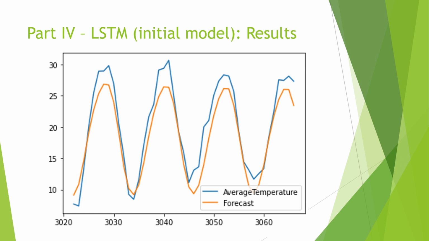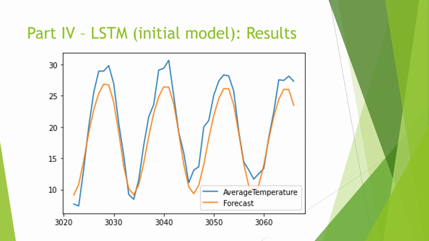The image on this slide shows the actual average temperatures for 2010 through 2013 versus the average temperatures that the model predicted. When you look at these two waves, it looks like the model did pretty well.